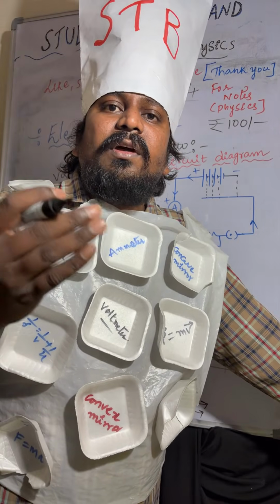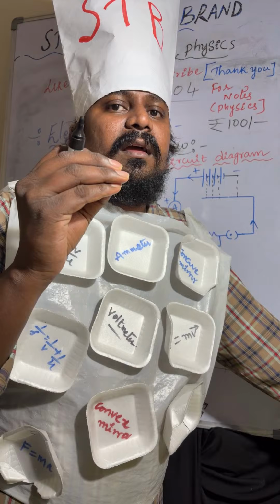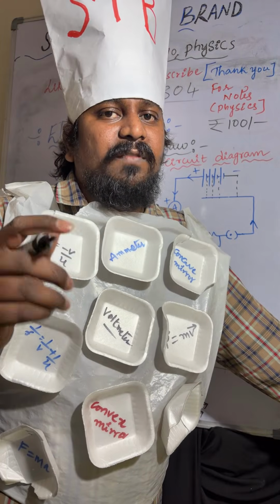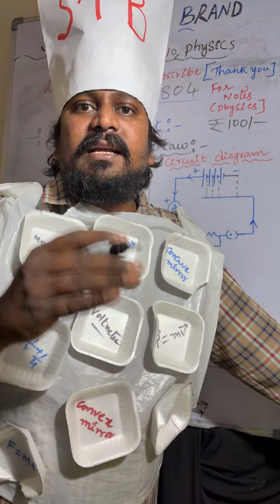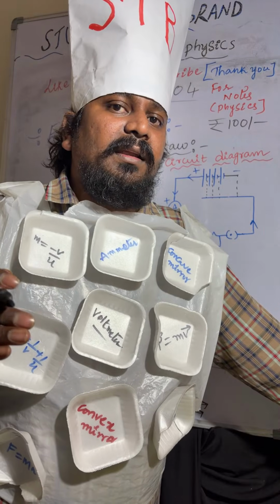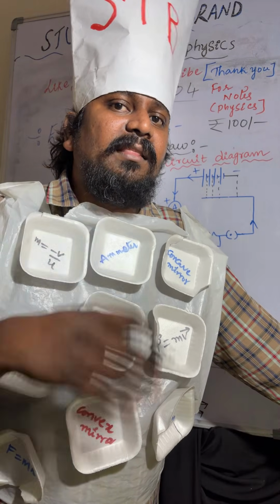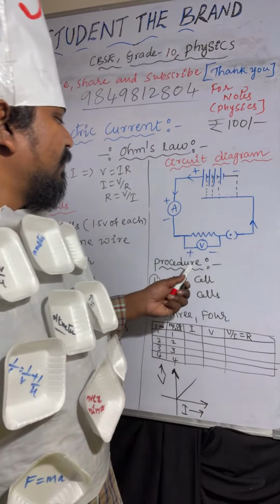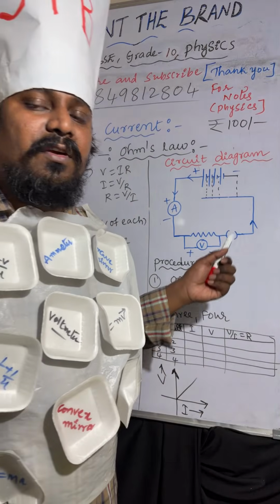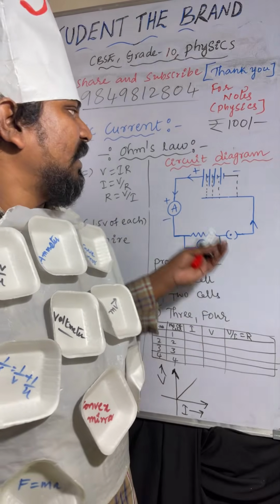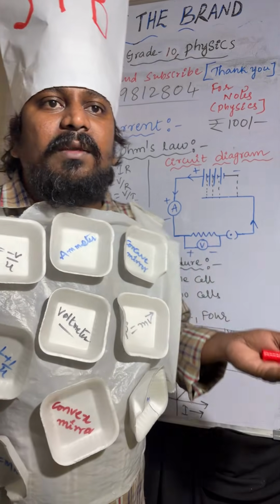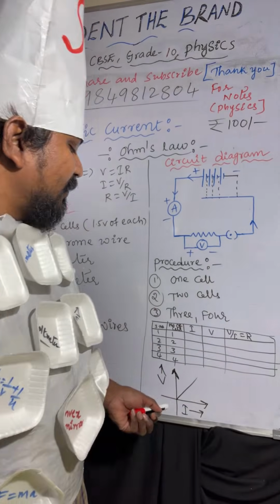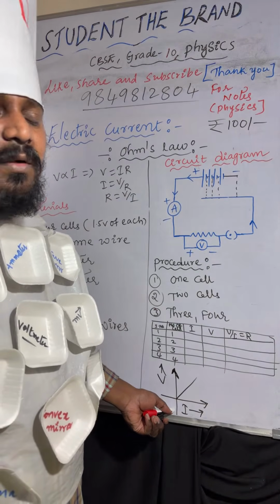Because we are connecting the ammeter and voltmeter for one cell, and we are taking the readings right from the first cell onwards. So the ammeter and voltmeter readings will be 0, that's why it starts from the origin.